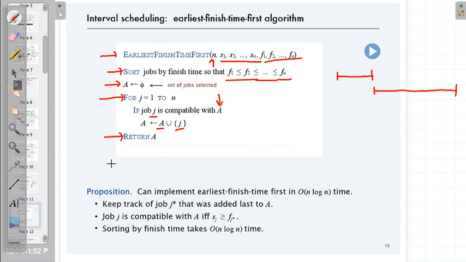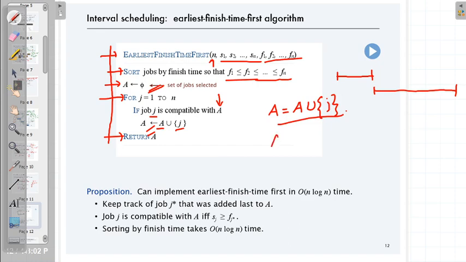And whenever you are asked to write pseudocode, you should write like this. Use this arrow symbol. If you write A equals A union J, meaning the job J is included in A, that is not the standard notation.